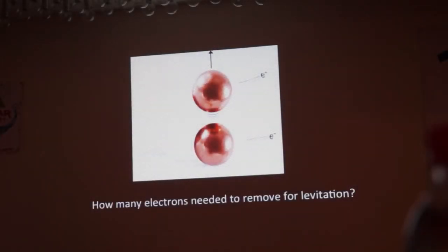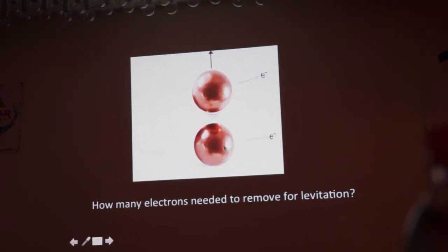Okay, here's another example. So you have two copper balls. And by the way, these examples are all taken from standard textbooks. You take two copper balls, and they sit on one another. And then you start removing electrons from this one and from this one. Now, these are pretty heavy. The question is, how many electrons would you have to remove from each one so that the balls become positive and repel each other?